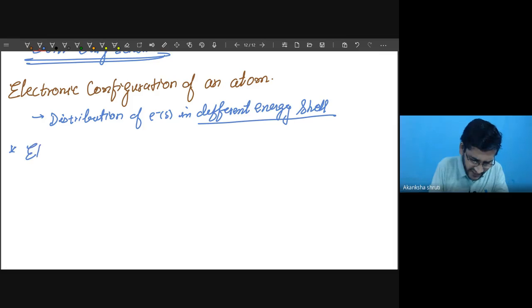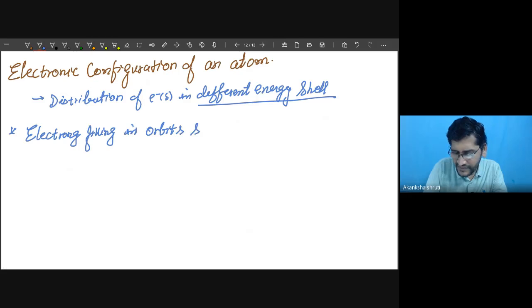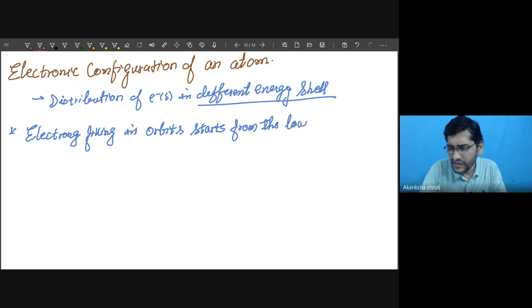So electron filling in orbits starts from the lowest energy shell. What is the lowest energy shell?